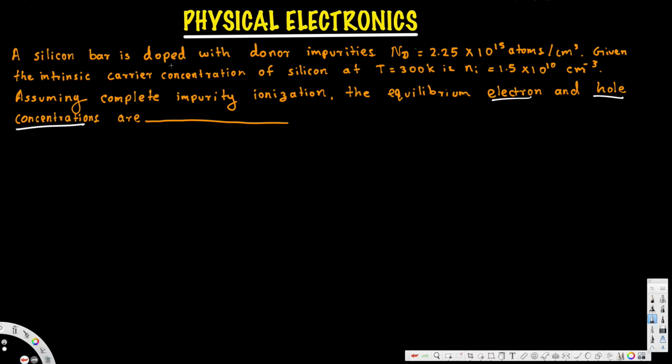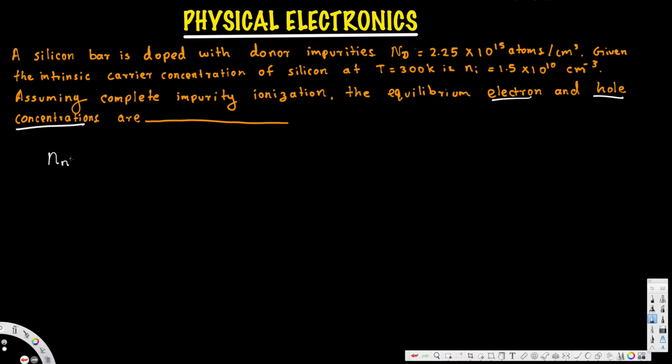Initially they have mentioned this is doped with donor impurities. Whenever they say doped with donor impurities, it means this is an n-type semiconductor. N-type semiconductor means the majority is going to be electrons and the minority is going to be holes. So we can say Nn is for electrons, that's going to be the majority. Also in the question they have mentioned this is going through complete impurity ionization.